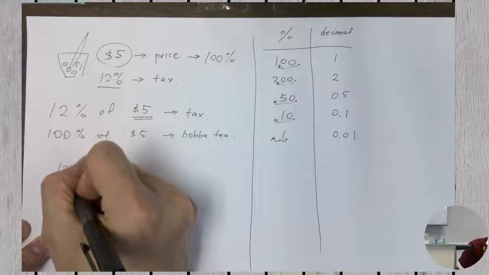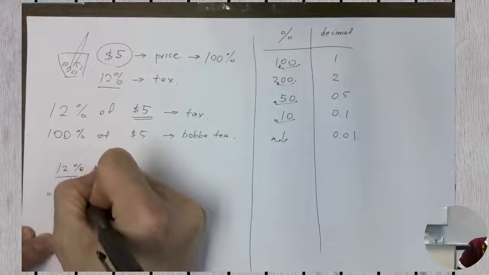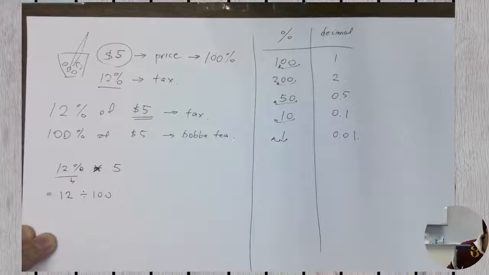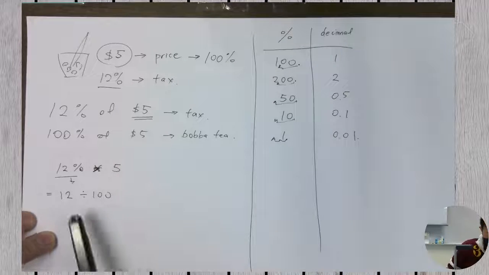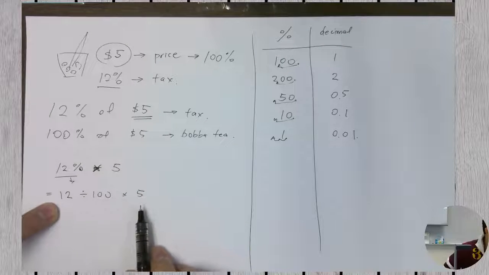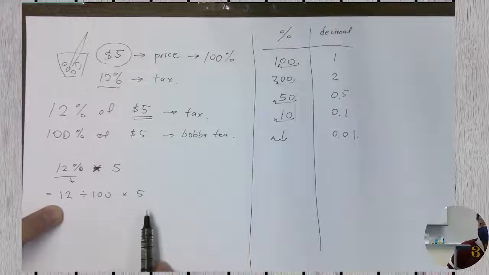So this 0.12, I can really write as 12 divided by 100. This is equivalent to 12%, times 5. There's a reason why I want to write it like that. Because in this case, without decimal or percent, we just have integers. This is easier to work with.